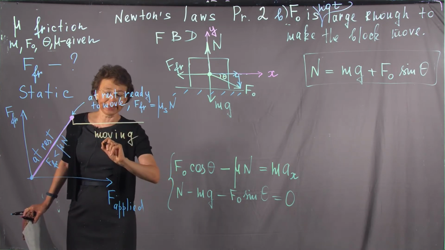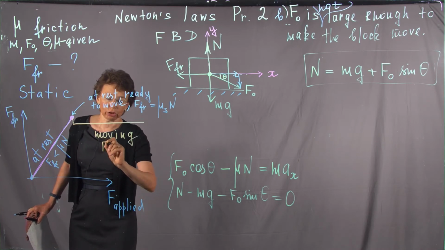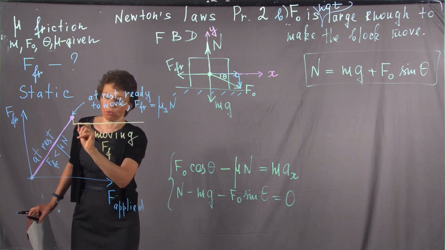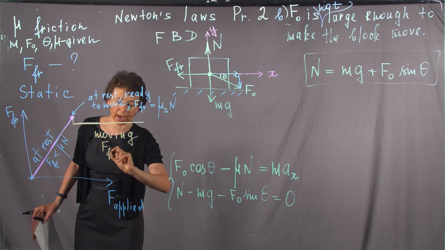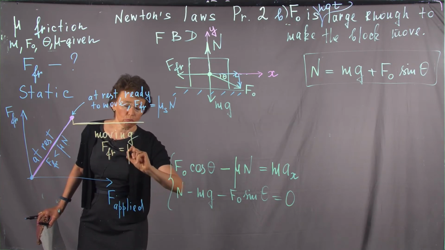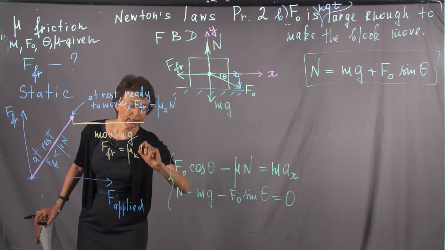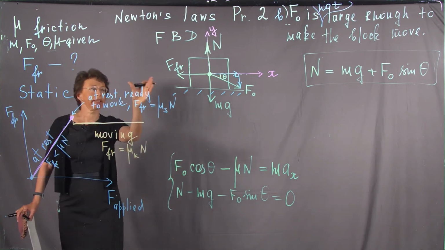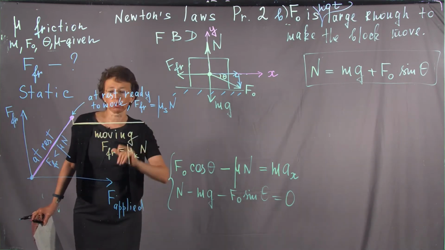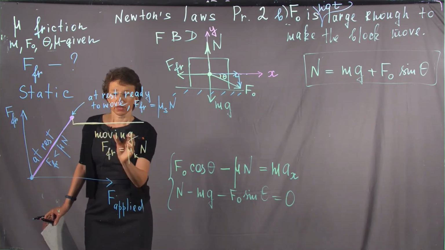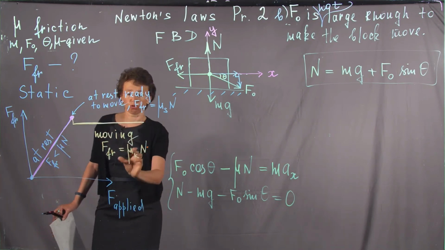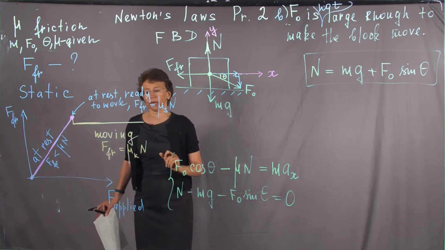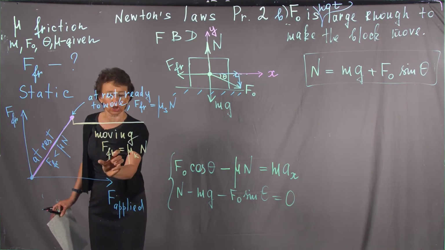This is kinetic friction, and force of friction everywhere along this line is equal to mu kinetic times n, as we had in our part A when the block was moving. So when it is moving, no trouble. We know the magnitude of force of friction.